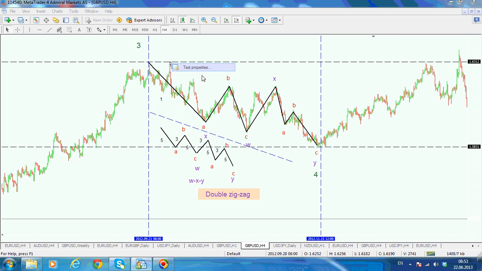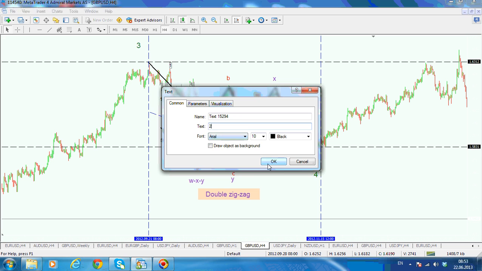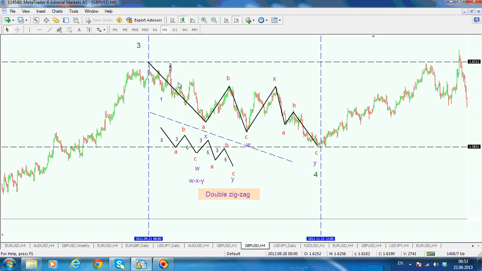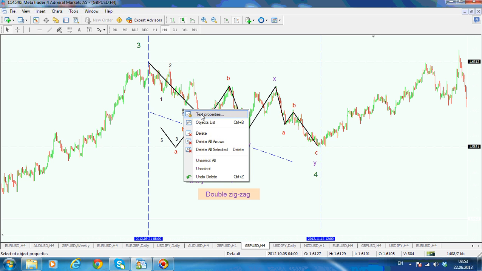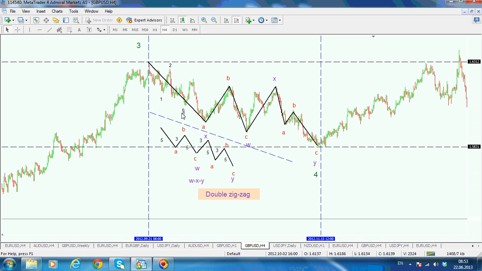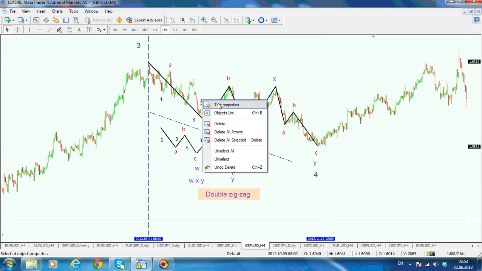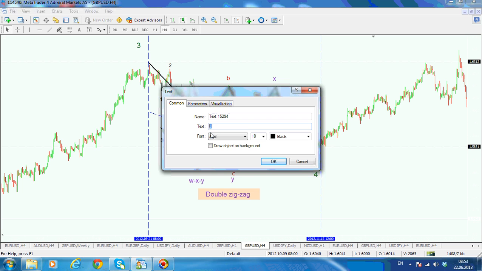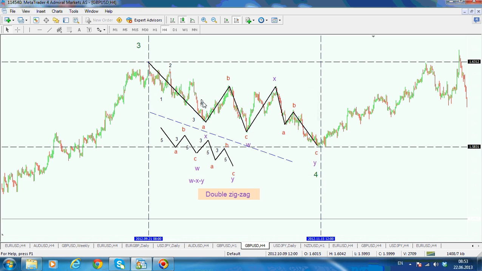Two, 3, or even 3 here. 1, 2, 3, 4, and 5.